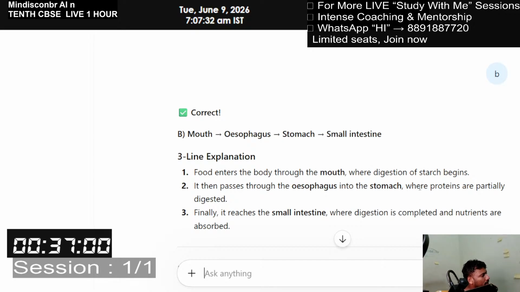Food enters the body through the mouth where the digestion of starch begins. It then passes through the esophagus into the stomach where proteins are partially digested. Finally, it reaches the small intestine where digestion is completed and nutrients are absorbed.